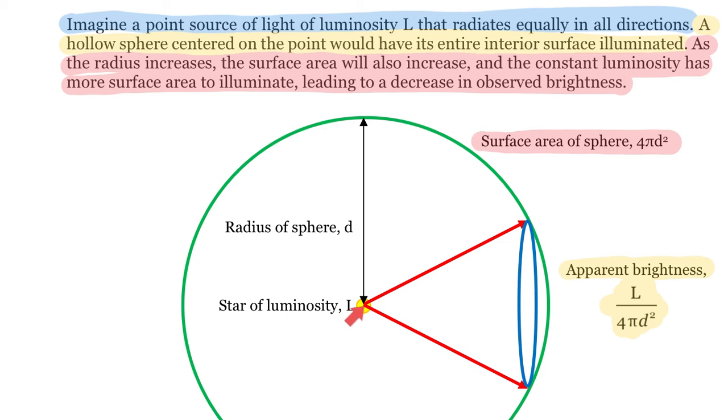So we've got a point source in the middle of this hollow sphere, and the sphere would have its entire interior surface illuminated. Here is the radius of the sphere; we're going to use d. As the radius of the sphere increases, the surface area will also increase, and the constant luminosity has more surface area to illuminate, leading to a decrease in the observed brightness.